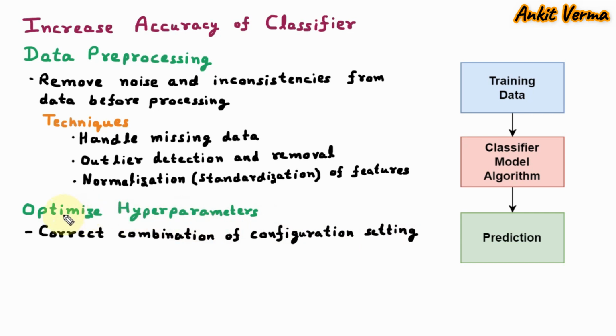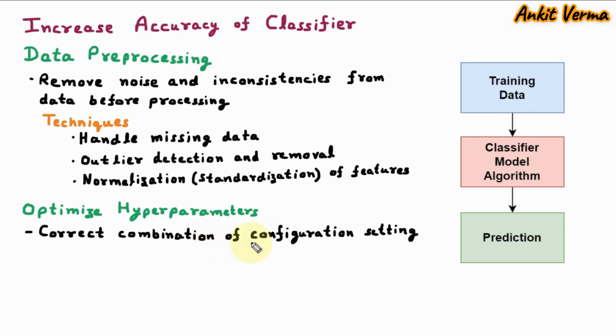And when we optimize this, that means we are using the correct combination. In the model, there are some settings by which the model performs well if we have the correct setting. So we try different settings and take the correct one so that we can optimize the performance of model.